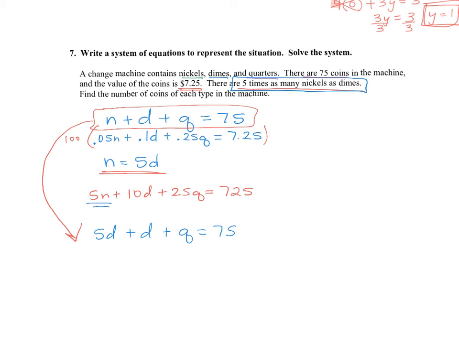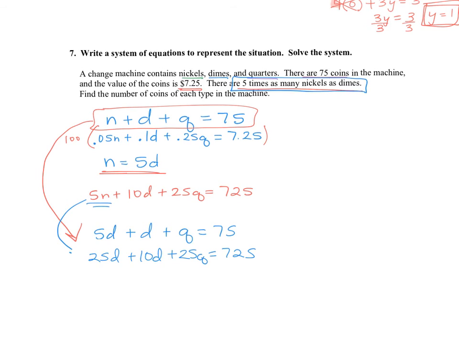So for this one, this is going to be 5 times 5d plus 10d plus 25q equals 725. So I just substituted right here. That works out to 25d. I'm just going to take out this 5 times 5d and call it 25d.